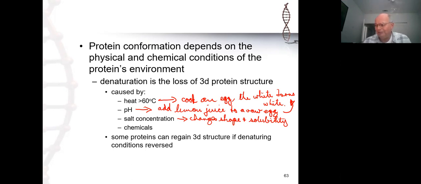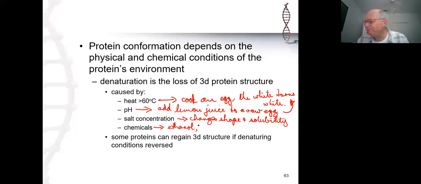And this is a very classic manipulation that we do in biology research labs. And then chemicals can also change the shape of molecules of proteins. So things like ethanol, that's the alcohol in wine and spirits.